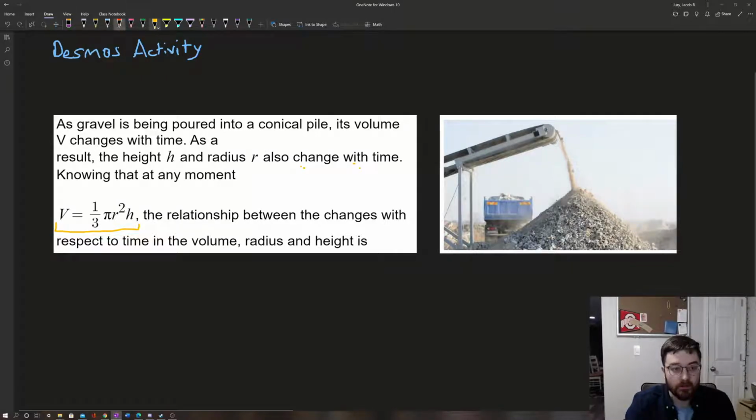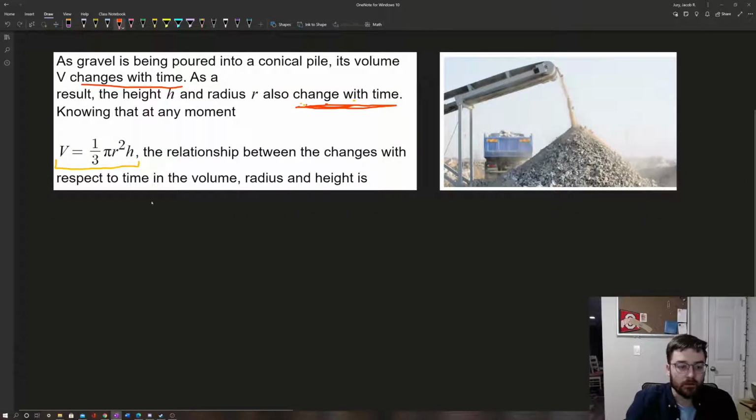So this is critical here. How these items change with time: volume changes with time, height changes with time, and radius changes with time. So we're going to take the derivative with respect to time, which we're just going to represent with t. So d/dt of the entire equation.